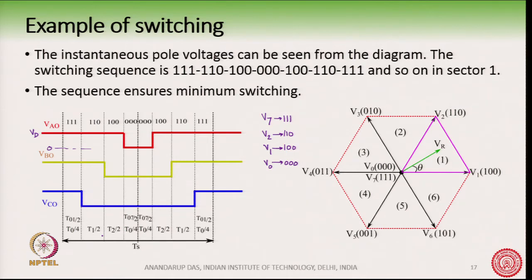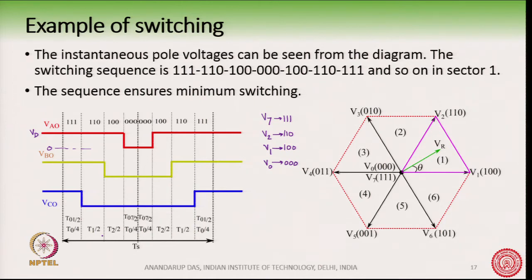Now, here we have actually divided this whole Ts time period into 2 subdivisions, that is Ts by 2 and Ts by 2. Why we have done this will be clear when we analyze the space vector PWM with implementation using a carrier.